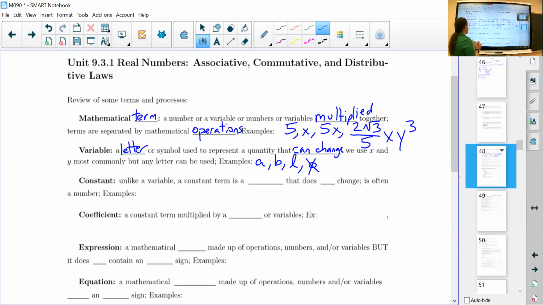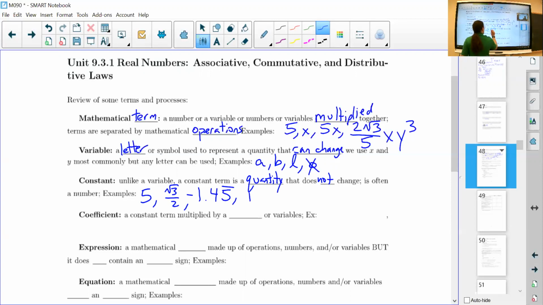Okay, a constant is a quantity that does not change. Often it's a number, like 5, or square root of 3 over 2, or negative 1.45 with the 5 repeating. Those are all constants.